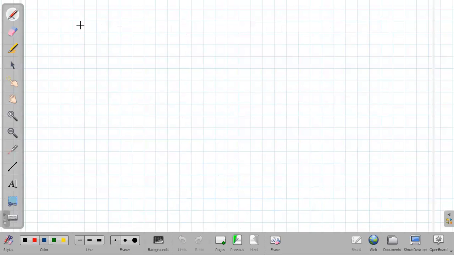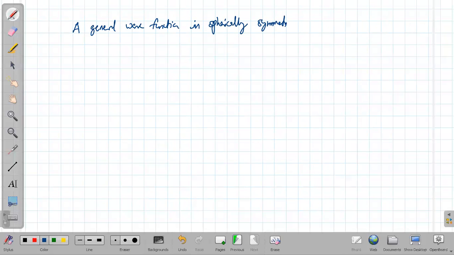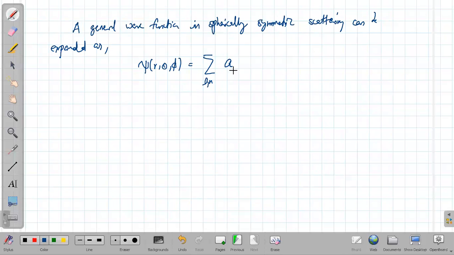So hence a general wave function in spherically symmetric scattering can be expanded as psi of r theta phi equal to the sum over L, m of A_Lm R_nL of r Y_Lm theta phi.